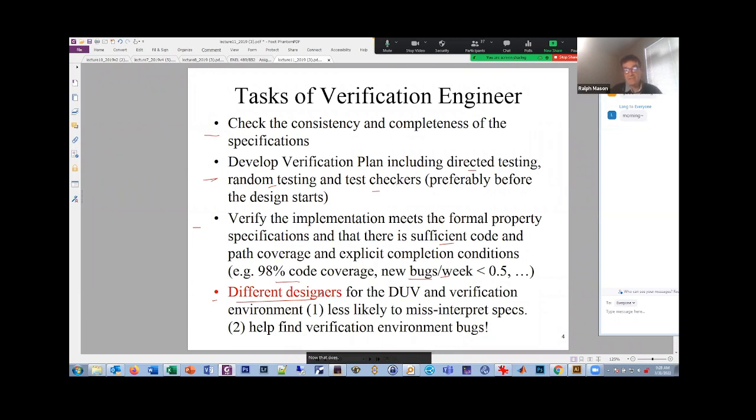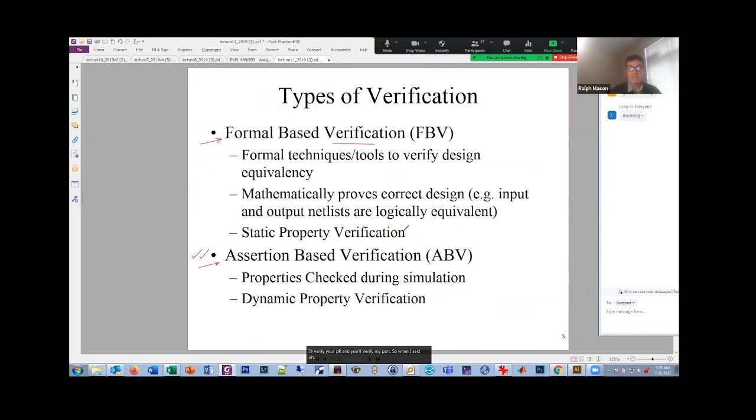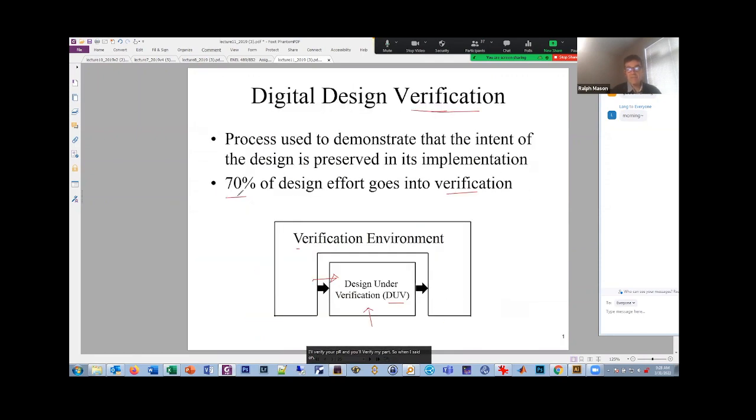Now, that doesn't mean all people are either designers or verification engineers. Usually what happens is you design a part, but somebody else might design another part, and then you switch roles. If I designed a part and you designed a part, well, I'll verify your part and you'll verify my part. So when I said 70% of the effort, that doesn't mean 70% of the people are just doing verification.